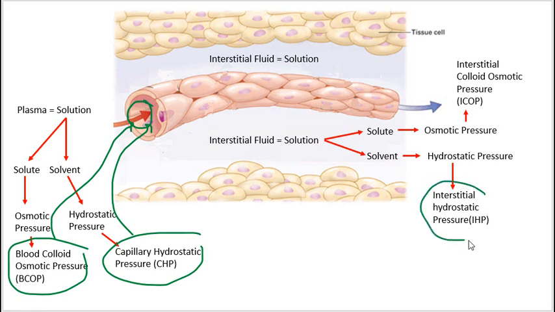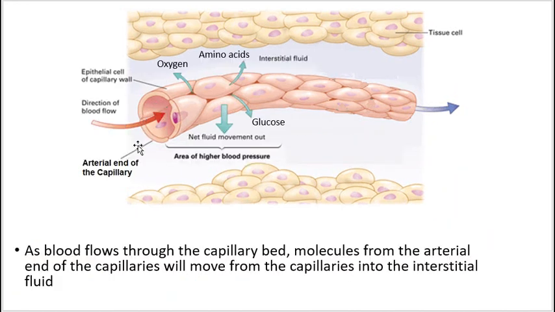And interstitial hydrostatic pressure and interstitial colloid osmotic pressure out here too. So in the interstitial fluid, you have two pressures, osmotic and hydrostatic. Inside the capillary, you have osmotic and hydrostatic. Let's look at what happens. Initially, right over here, you have high osmotic and hydrostatic pressure.